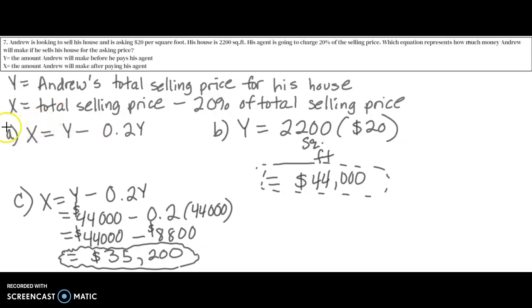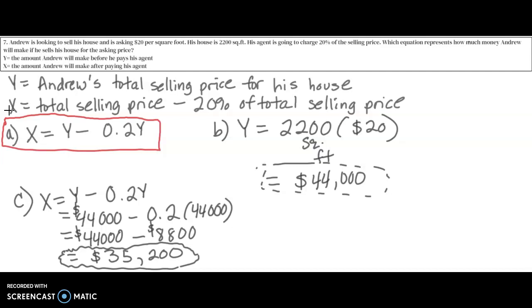Your answer is right here. This is your equation that represents how much money Andrew will make if he sells his house for the asking price. Part C shows you how much he will make if he sells his house for the asking price after his agent gets the cut.